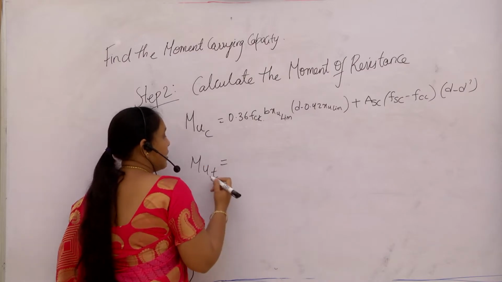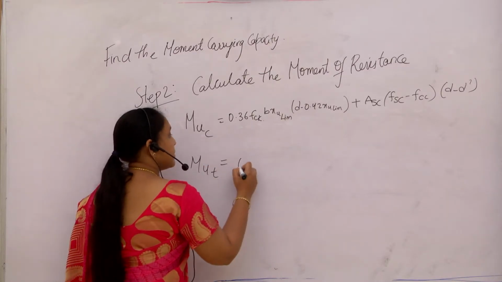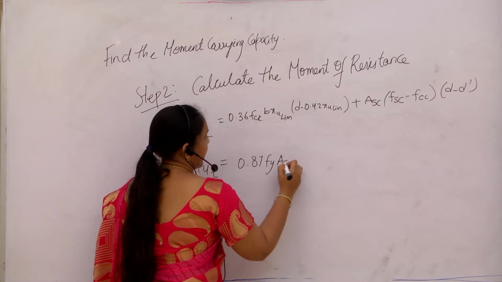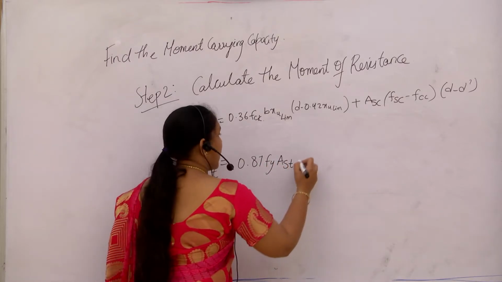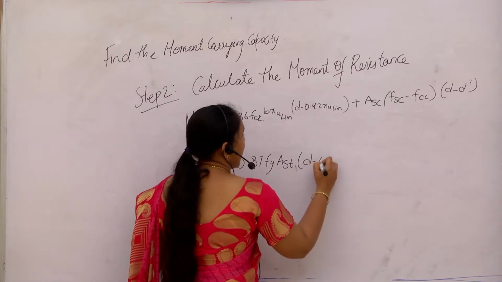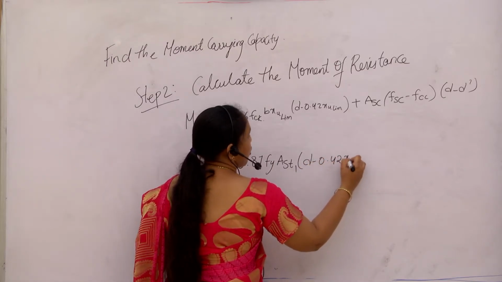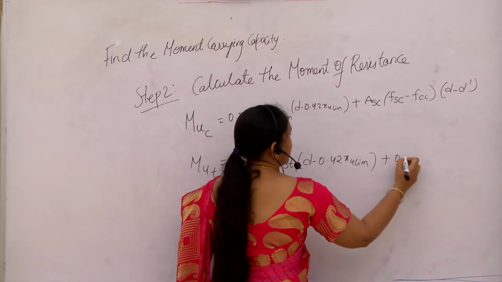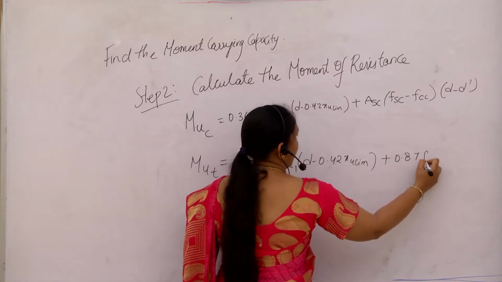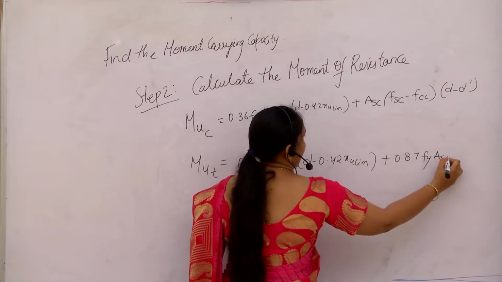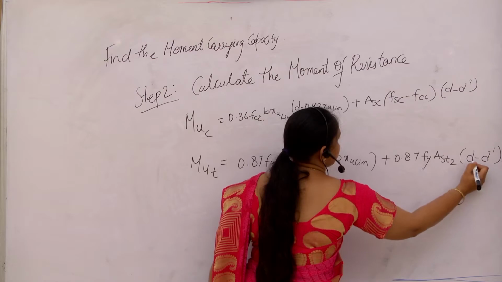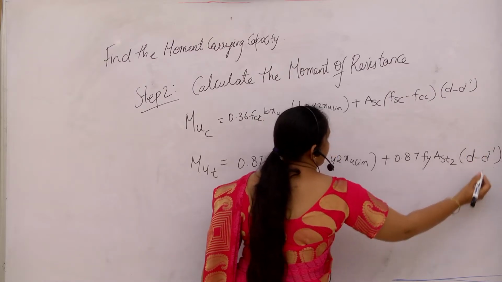And now Mut can be calculated by using the equation 0.87 fy into Ast1 into (d minus 0.42 xu,lim) plus 0.87 fy into Ast2 into (d minus d dash).